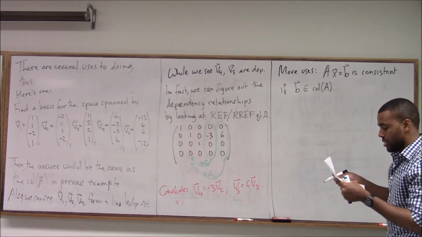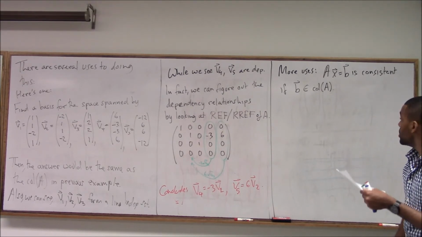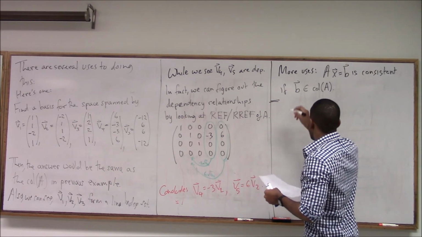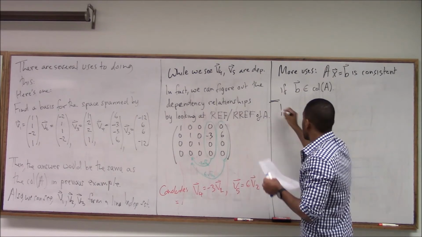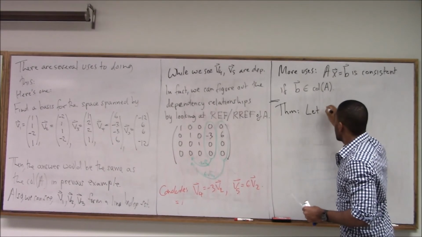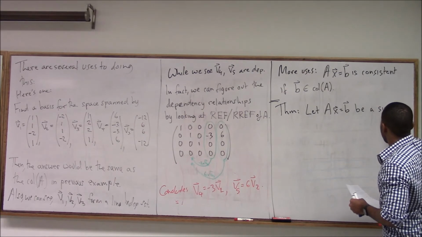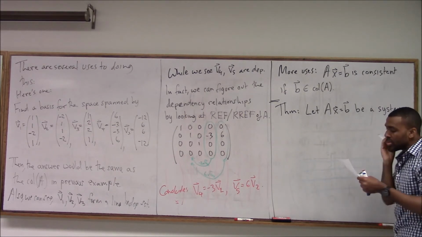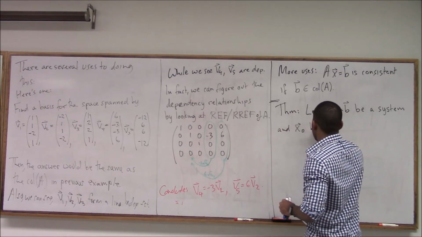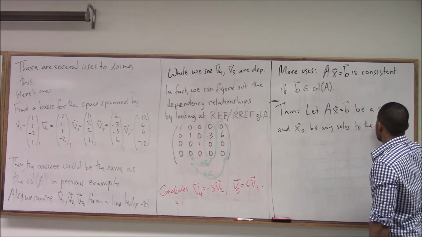And here's a nice theorem, and I'll just mention, this is going to be the last thing I'm going to mention in this section, and I'm just going to draw a nice little parallel. Theorem. Write this down. Let AX equals B be a system, and X naught be any solution to the system.